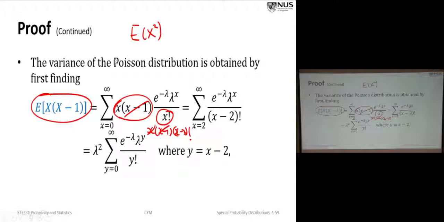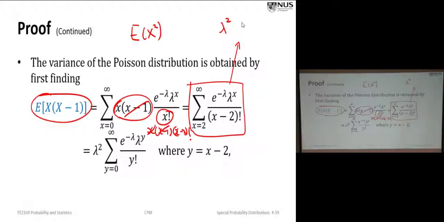All right? So after that, you have this one. So now the question is to get this sum. Obviously, I can apply the same trick. So I take out lambda squared.